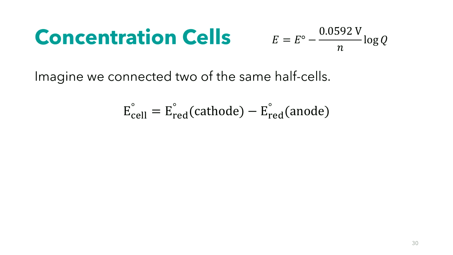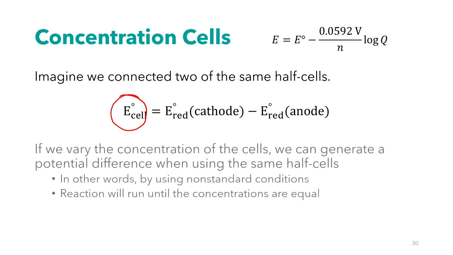Okay? In a concentration cell, we connect the same half cells, which doesn't really make sense, right? If we were only looking at the standard cell potential, that would not generate a voltage, right? If I connected 2 of the same half cells, my reduction potentials are the same.